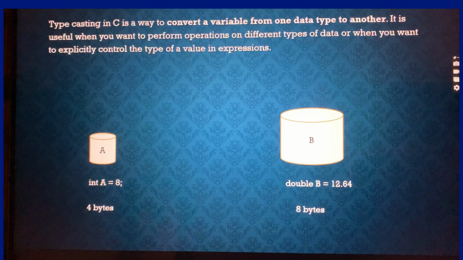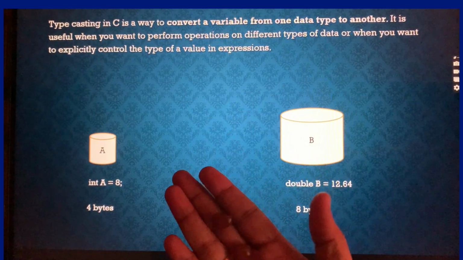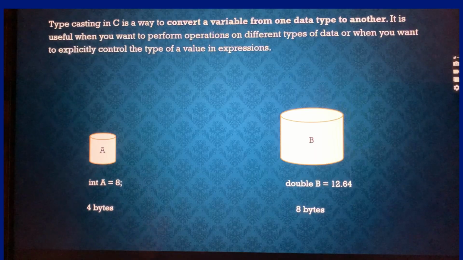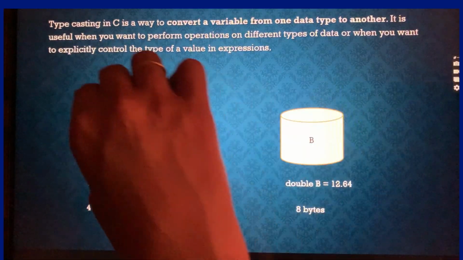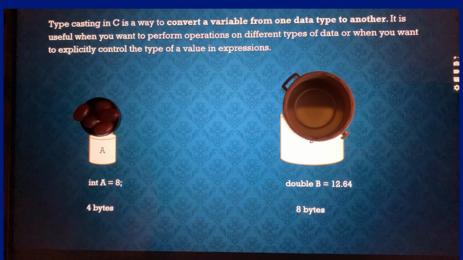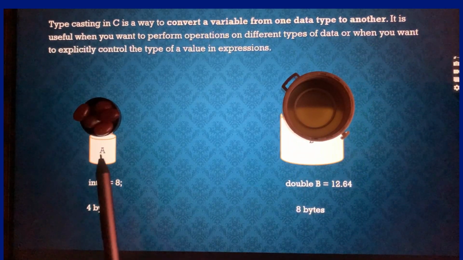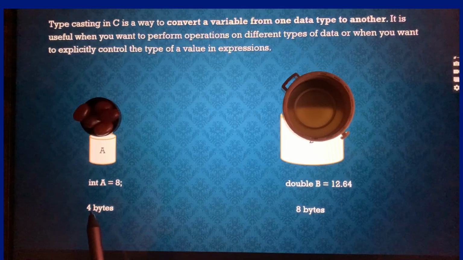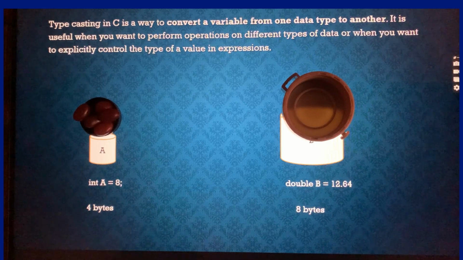So here I am considering data as sugar candies, okay, and integer as the smaller cup and double as the larger cup. Why? Because a small cup represents a small data type and a large cup represents a large data type. So my case 1 is pouring the sugar candies from the smaller cup to the larger cup.